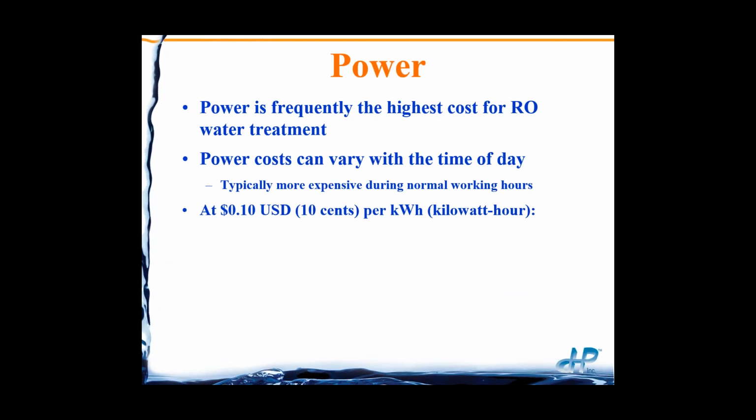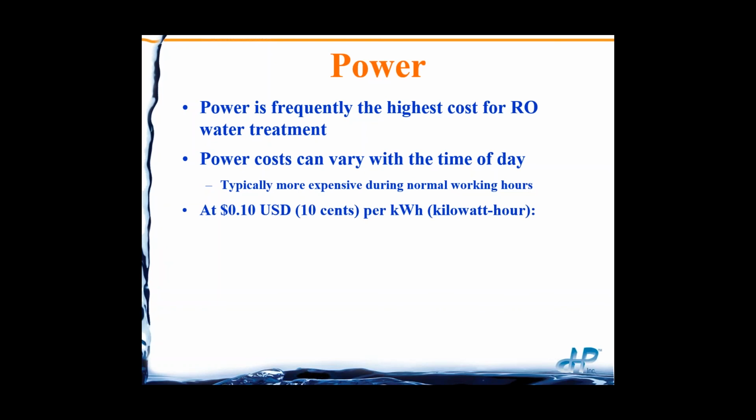But if you look at the kind of money at 10 cents per kilowatt hour, and that's cheaper than most will have. I mean, there are places like in the Caribbean islands where they can go over 30 cents a kilowatt hour. So power is something that we always look at for any cost reduction idea that we have.